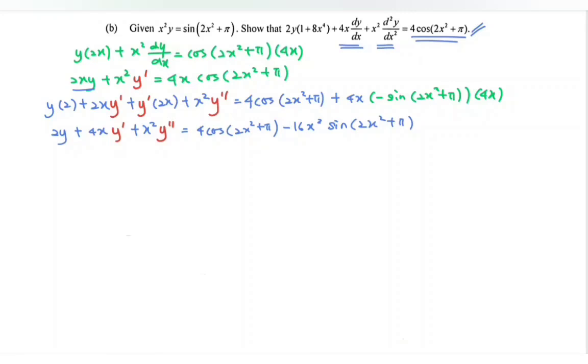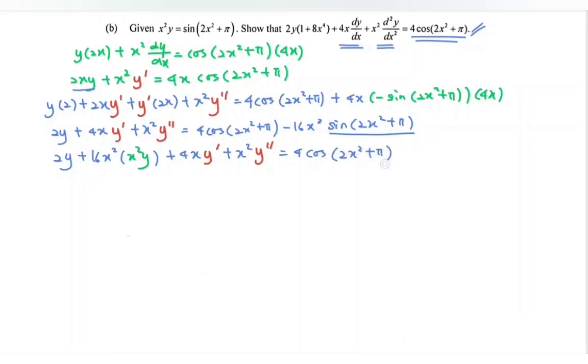Kindly rearrange the situation. And we notice that actually the sine bracket 2x squared plus pi equals 2y plus 16x squared multiplied with x squared y. Then plus we have the 4x, then y prime, plus we have the x squared, then we have y double prime equals 4 multiplied with the cos bracket 2x squared plus pi.